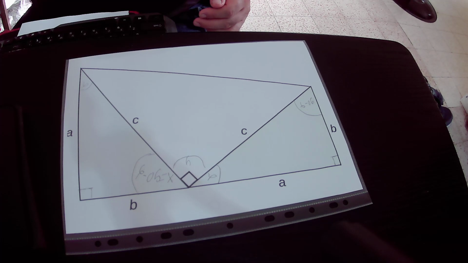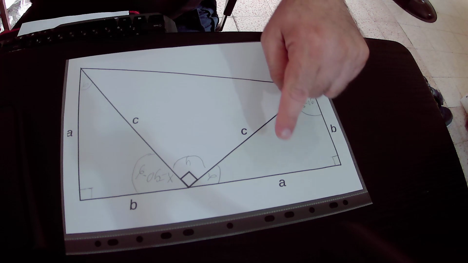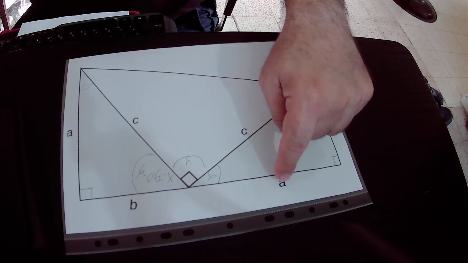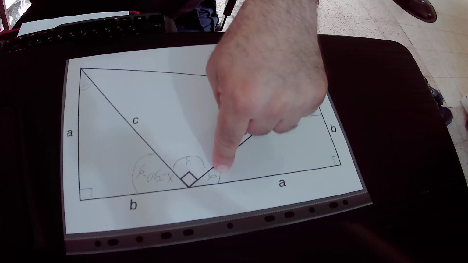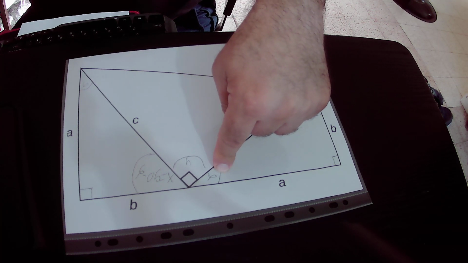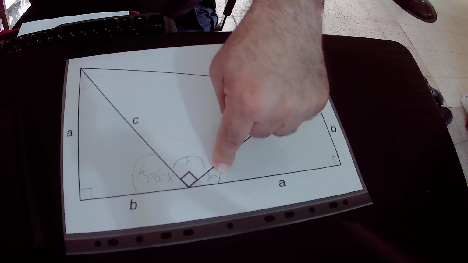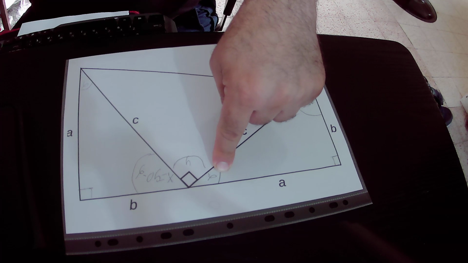So let's mark the angle between side A and C. Let's mark the angle as alpha.